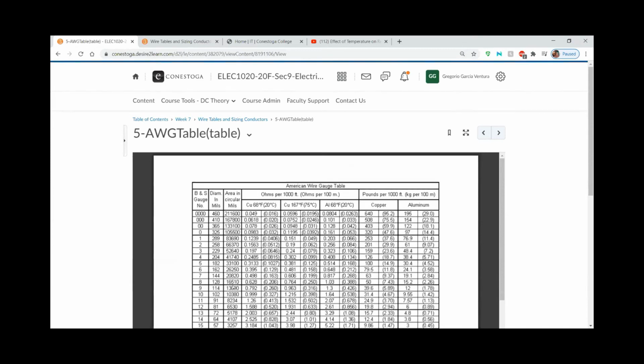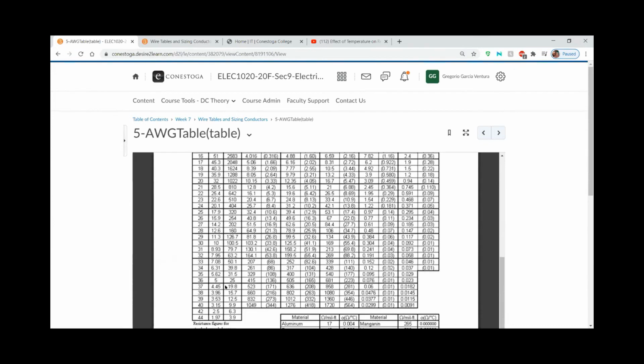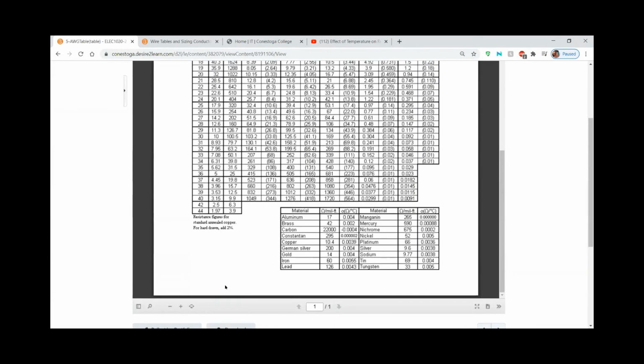As I was saying before, you may wonder where you are going to find that K factor. When we scroll down on this table, you see at the bottom a bunch of conducting materials. In our case, we are going to concentrate on copper. That gives us the K factor, the Mil-foot K factor, which is equal to 10.4.